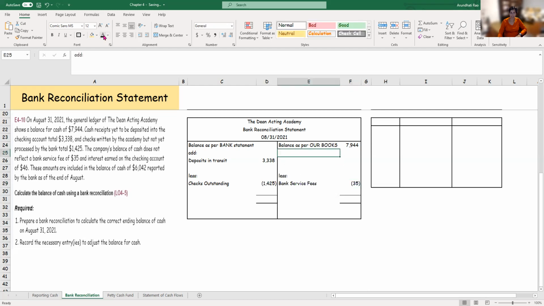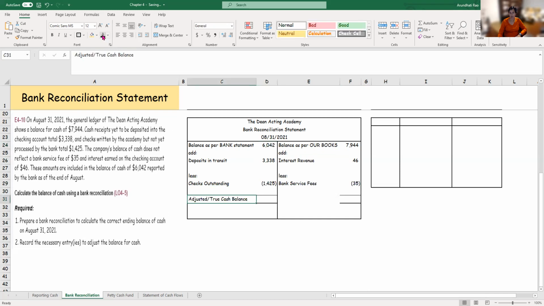I have not done it, so in the books, I will add this interest revenue because I earned it, $46. And then finally, the amount included in the balance of cash, the balance of cash of $6,042, is reported by the bank. So the bank statement is saying we have $6,042.